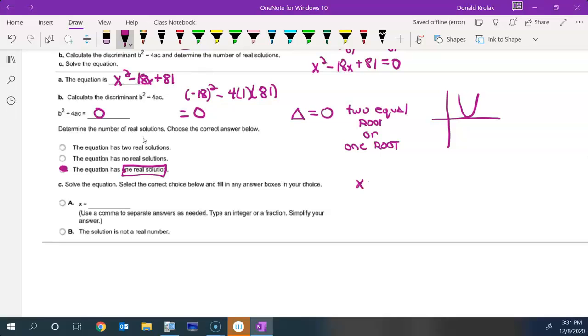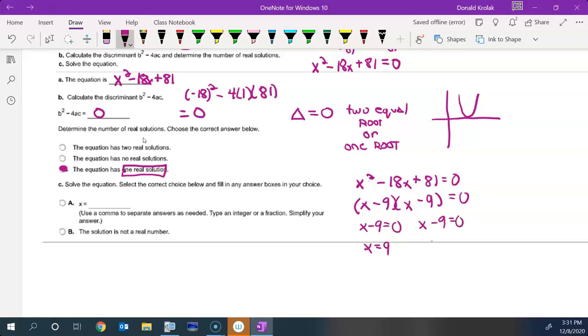So I'm going to get x squared minus 18x plus 81 equals 0. I can factor it into x minus 9, x minus 9. Okay, and then what makes these 0? Well, 9. And the other one is also 9.